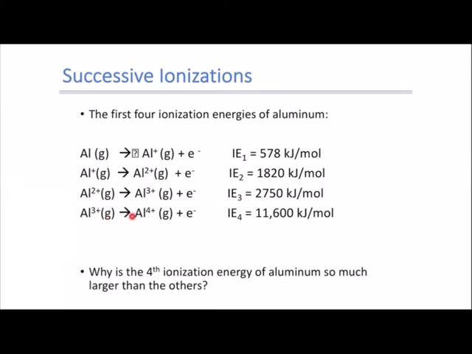Aluminum plus 3 to the next one, plus 4, that's too much energy. That's the core electron that we're taking out here. That's why it's so much larger than all the others. This is when we remove our core electron. So you can see we never really want to lose our core electron. We always want to keep the core electrons with the atom.